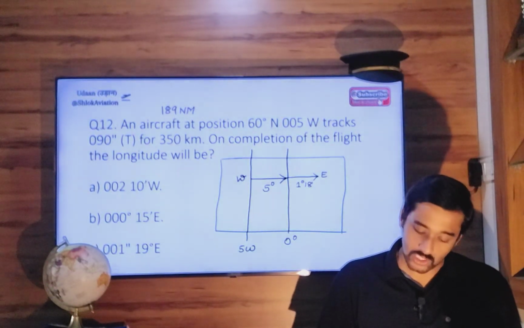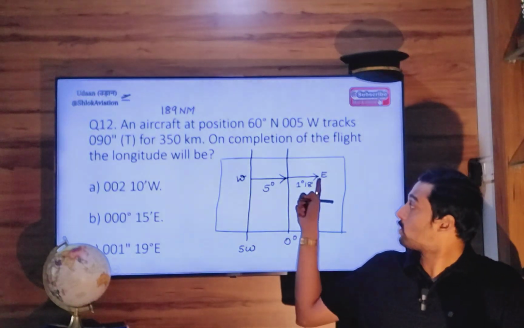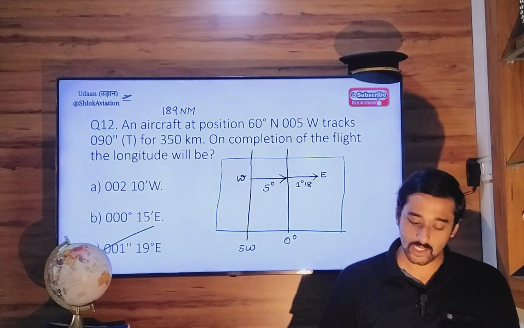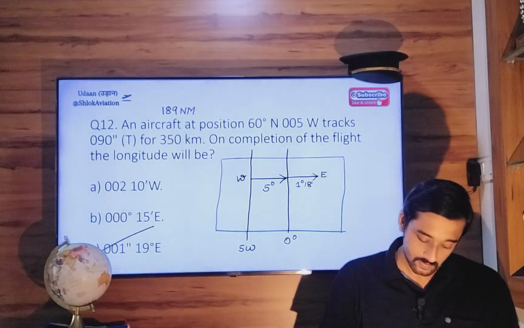So what will be the new longitude? This will be 1 degree 18 minutes east. Option Charlie.